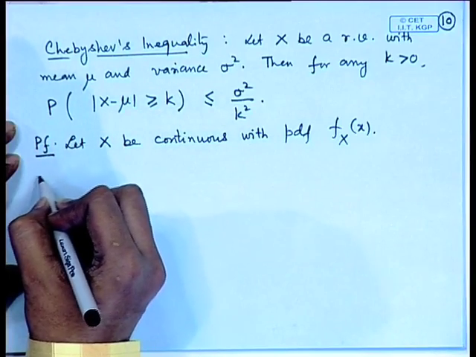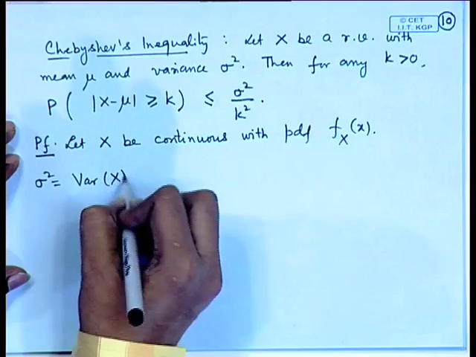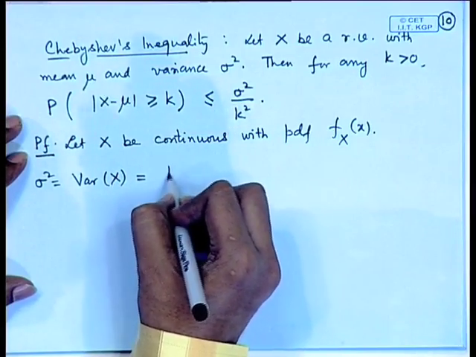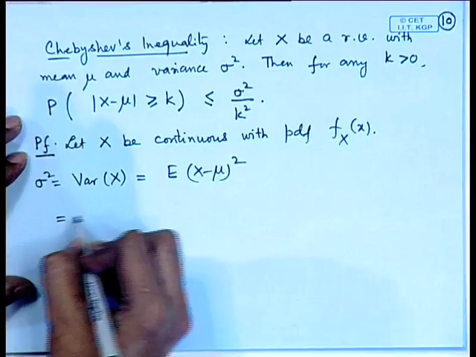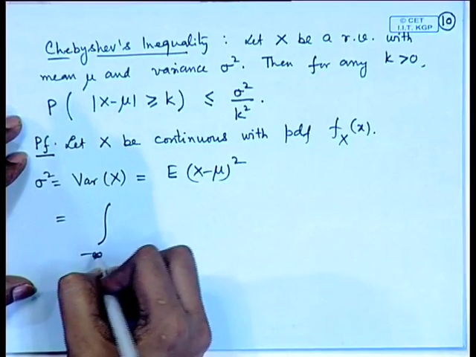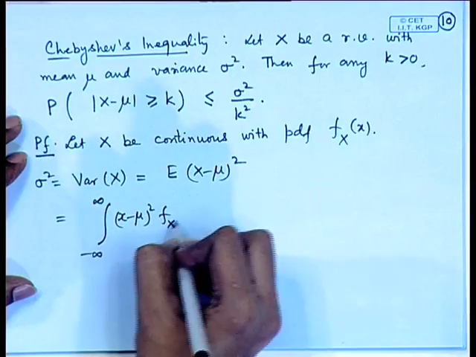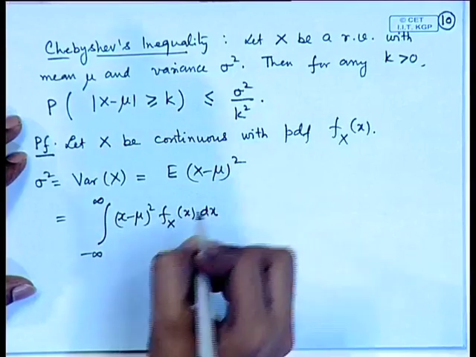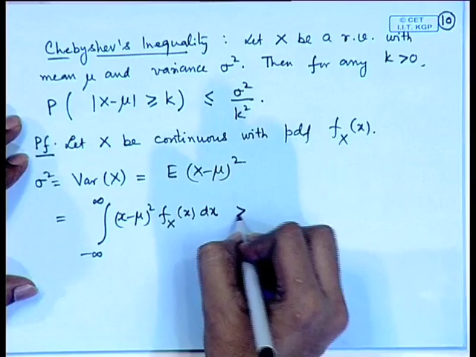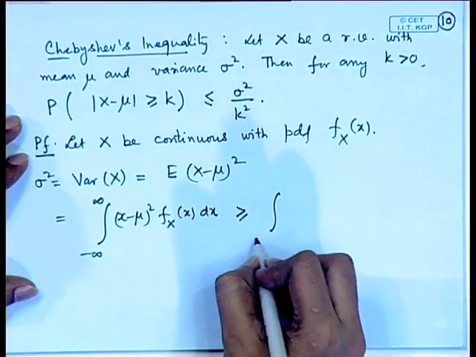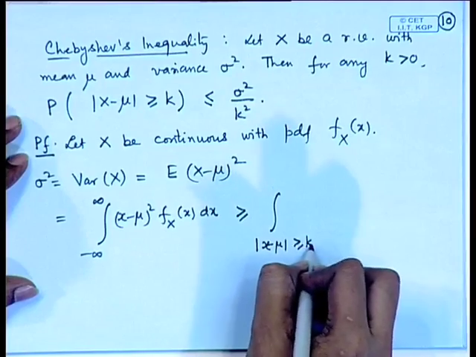Let us consider the expression for variance. This is equal to expectation of x minus mu square, which is equal to integral x minus mu square f x dx. Now, this integral is greater than or equal to the same integral over the region modulus x minus mu greater than or equal to k.